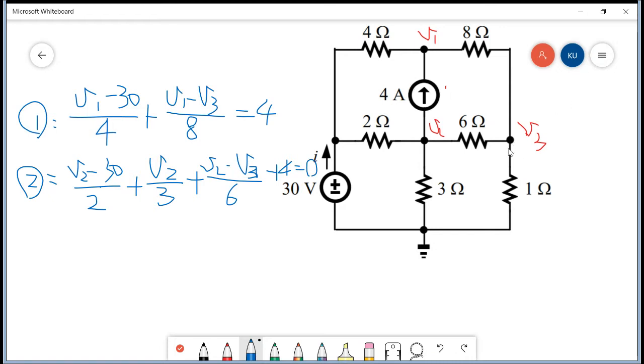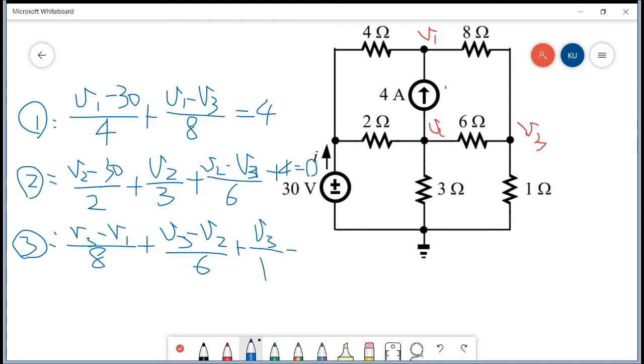And then for node 3, we have this current V3 minus V1 over 8, and then V3 minus V2 over 6, and then V3 over something, equals 0. Similar to mesh analysis, node analysis also gives three equations with three unknowns, V1, V2, and V3.